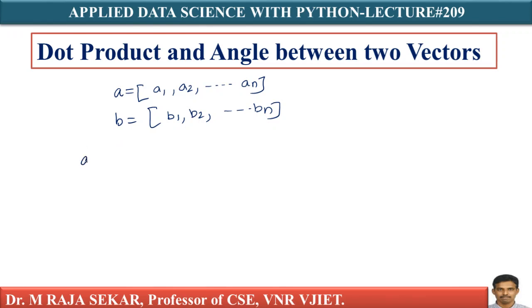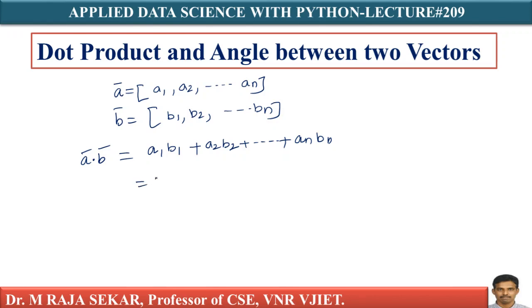What is my A dot B? Since they are vectors, you can keep the bars. A bar dot B bar means, according to the definition, A1 B1 plus A2 B2 plus so on An Bn.